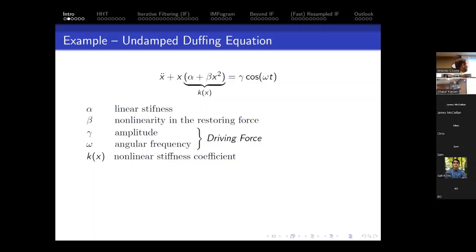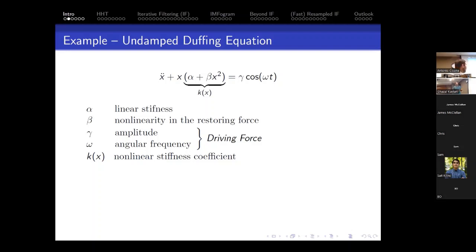It may look a little weird, but it's a simple system. You can imagine a mass connected with a spring, and a forcing term, which is oscillatory, applied to the mass. To add a little spiciness, we allow the coefficient corresponding to the spring to vary with the position. So it's a nonlinear system now.